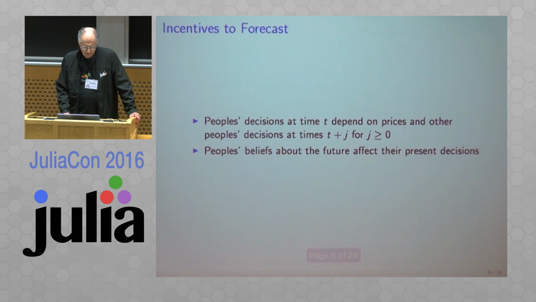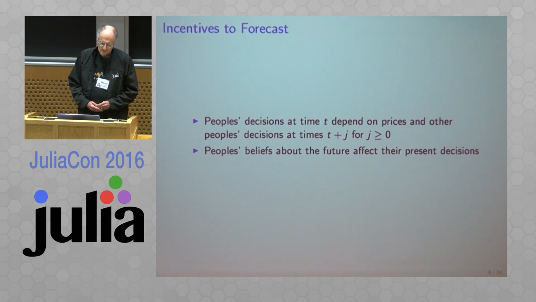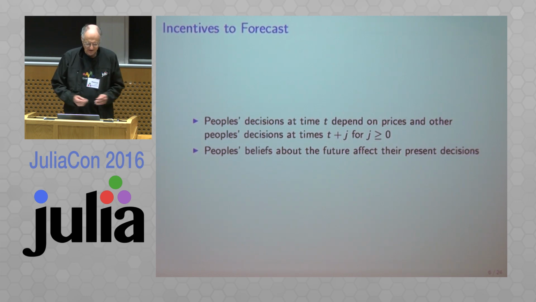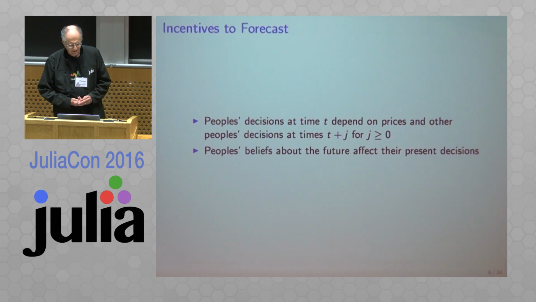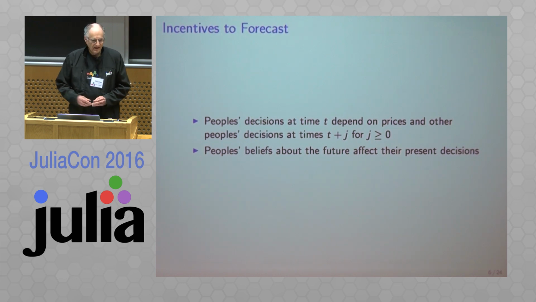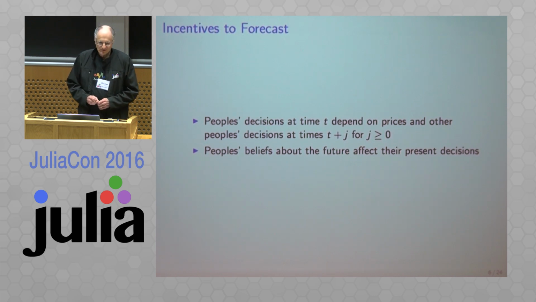So here's the deal. It's a great day to do this because of Brexit. People have incentives to forecast. Why? Actually, I went to a couple of talks at this conference where they were using predictive control. It's exactly this.